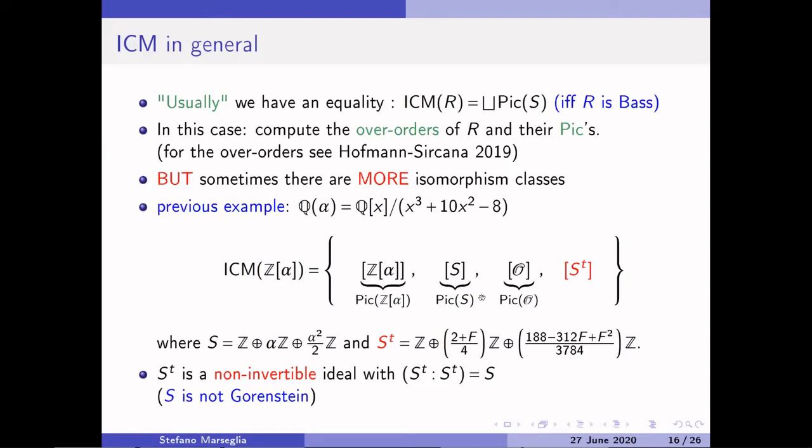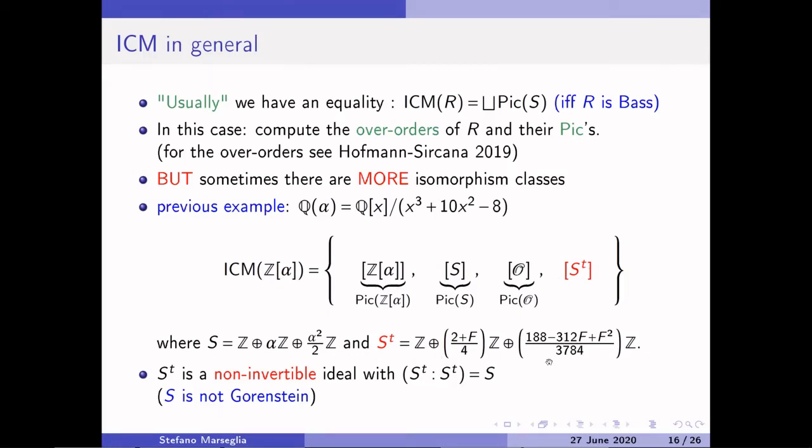The first 3 were isomorphism classes of orders. One can compute that the Picard group of the monogenic order is trivial. It consists only of the principal ideals. By the surjectivity of the extension map, we get that also the class group and the Picard group of S are trivial. So there are no other invertible ideals with that multiplicator ring. But we have this mysterious 4th isomorphism class, this S_T.